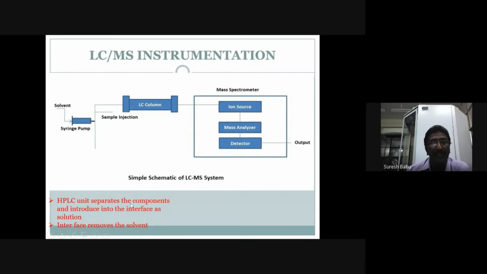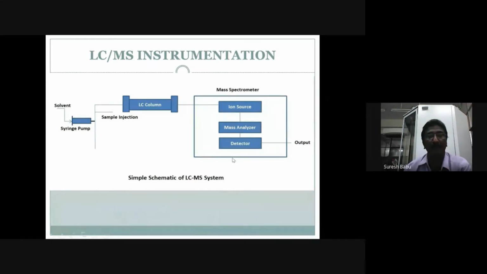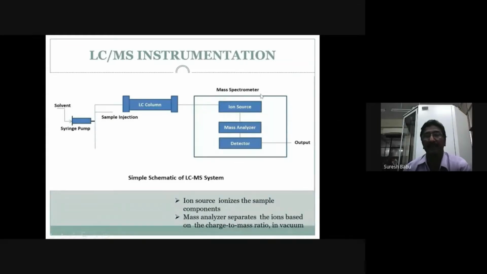So this LC unit separates the components and introduces them into the interface as a solution. So this LC column separates the components of the mixture and introduces the solution in the interface, and this is the ionization source.